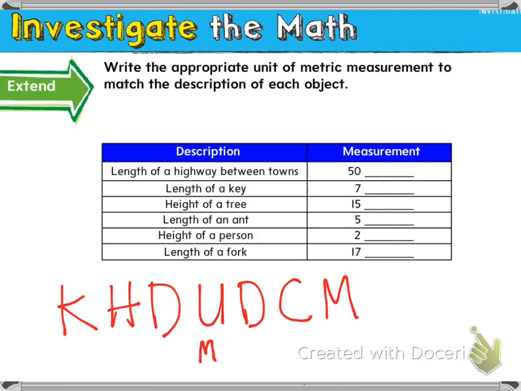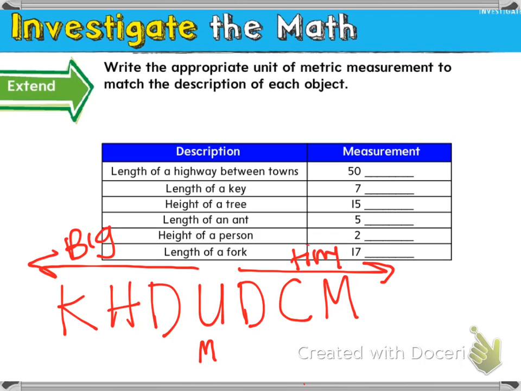Now, this side of the unit are the big ones, and this side of the unit are the teeny tiny ones, okay? So, the length of a highway between towns is pretty long. So, I would say 50 kilometers, and km is the abbreviation for kilometers.